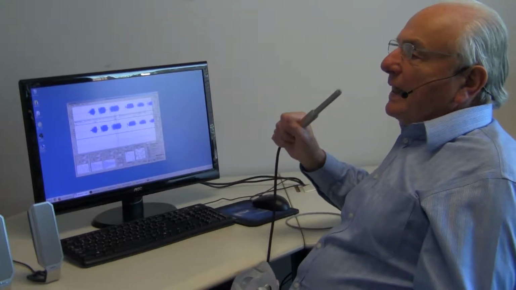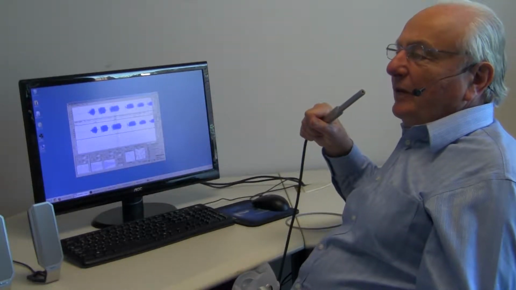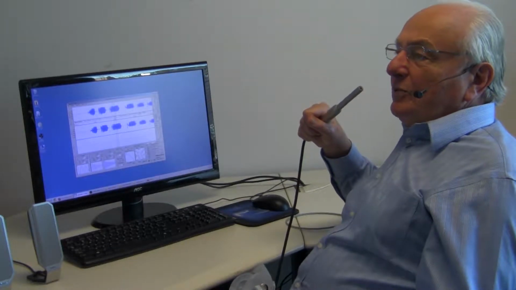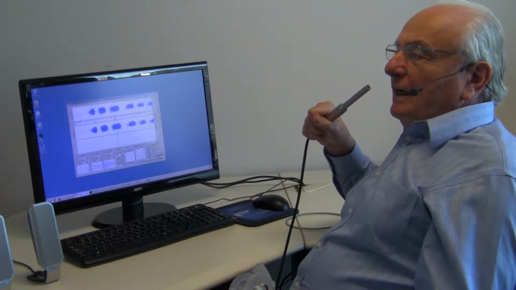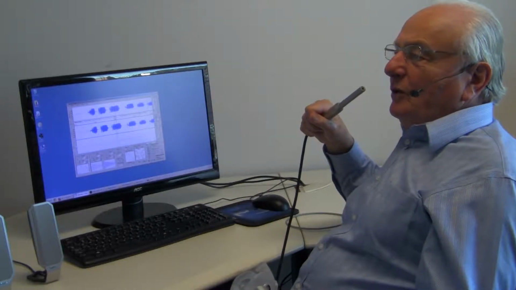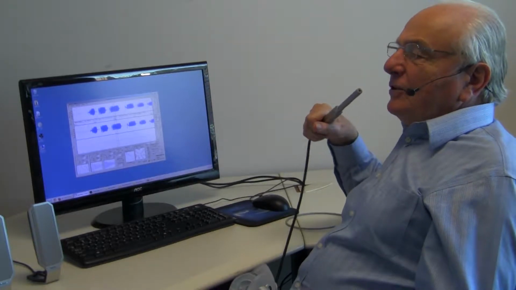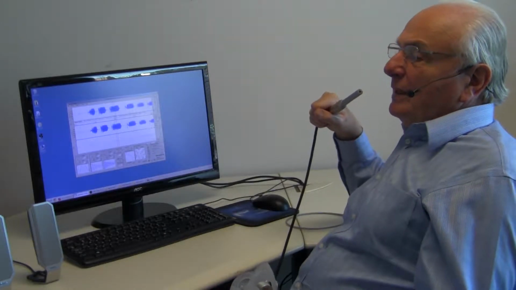Or we can use a microphone to get the pressure signal at the mouth. It should be an omnidirectional electret microphone, sometimes called a capacitance microphone, and it should be held a few centimeters from the mouth, as I'm holding it here.